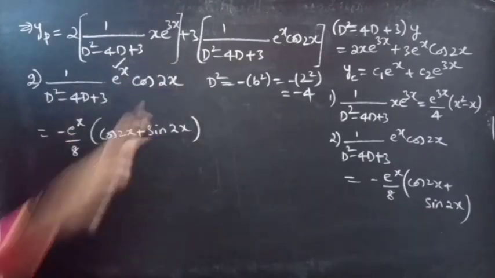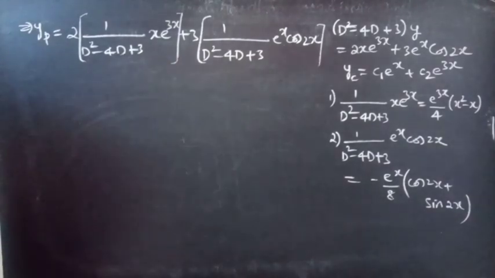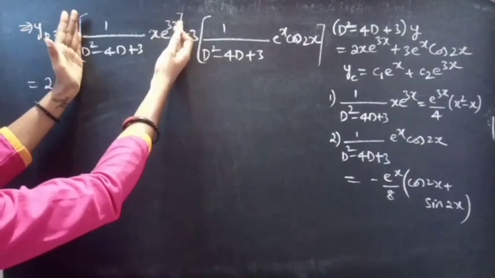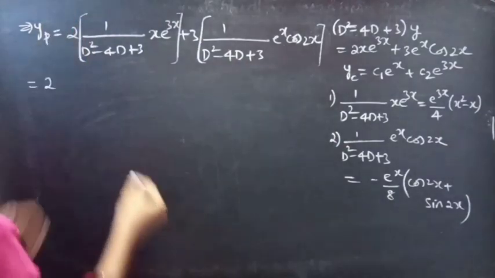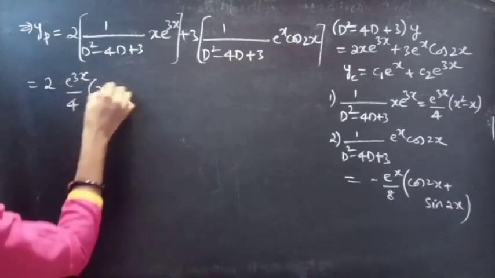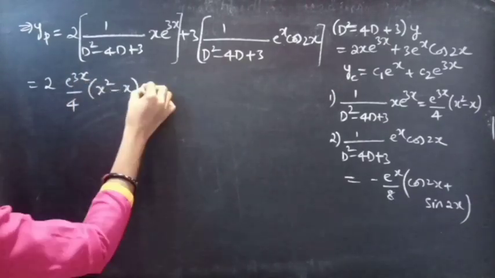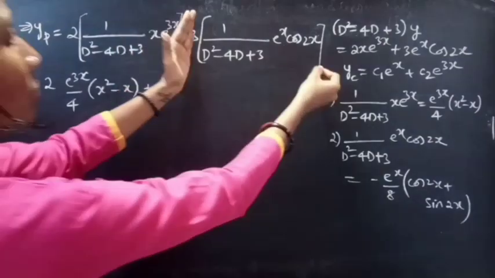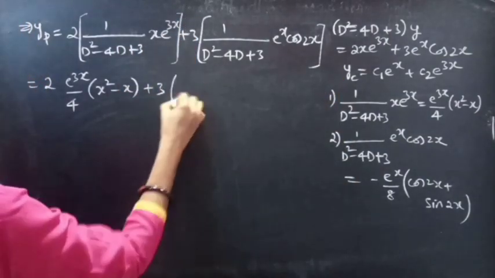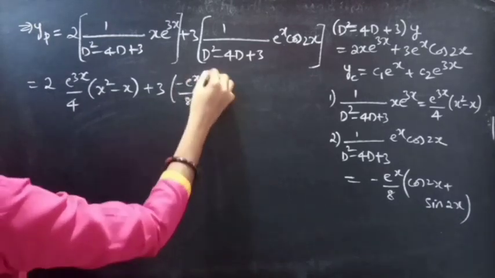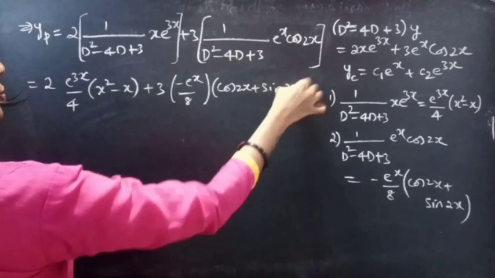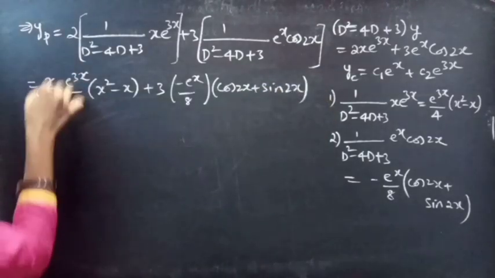Now coming to yp. Yp becomes 2 into the result obtained from the first term, e power 3x by 4 into x square minus x, plus 3 into the result obtained from this, minus e power x by 8 into cos 2x plus sin 2x, right? 2 ones are 2, 2 fours are 8.